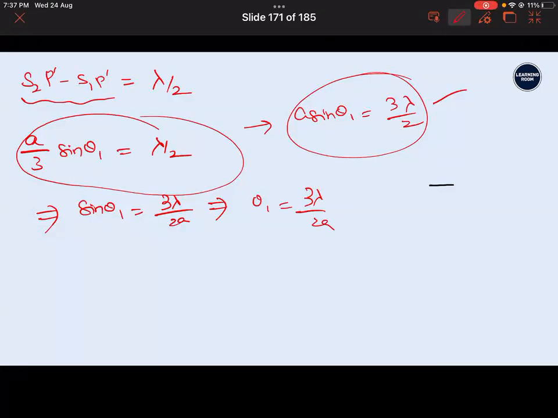Only for destructive. For constructive, it should be lambda. The path difference between two successive rays should be lambda for it to have constructive interference. But that's what I'm saying, we don't use that concept at all.